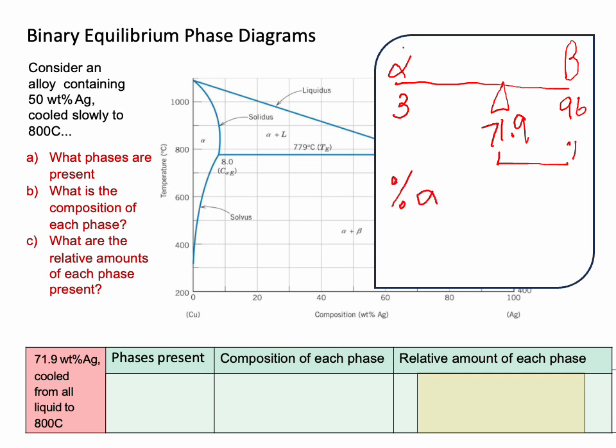So percent alpha is, I'll write this out, 96 minus 71.9 divided by 96 minus 3.